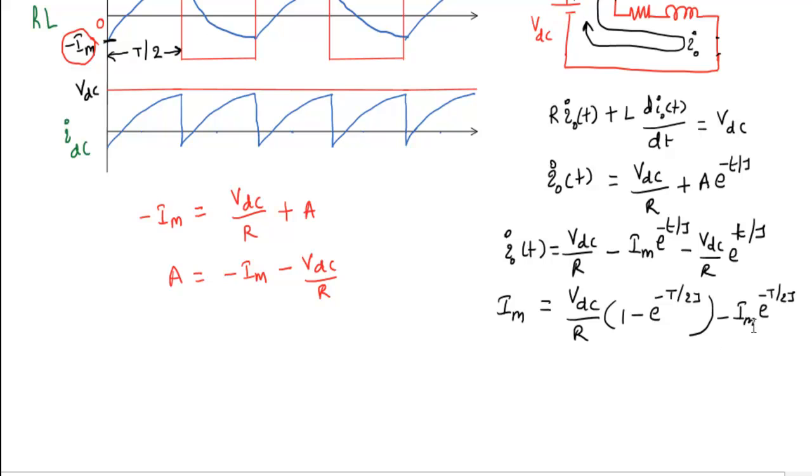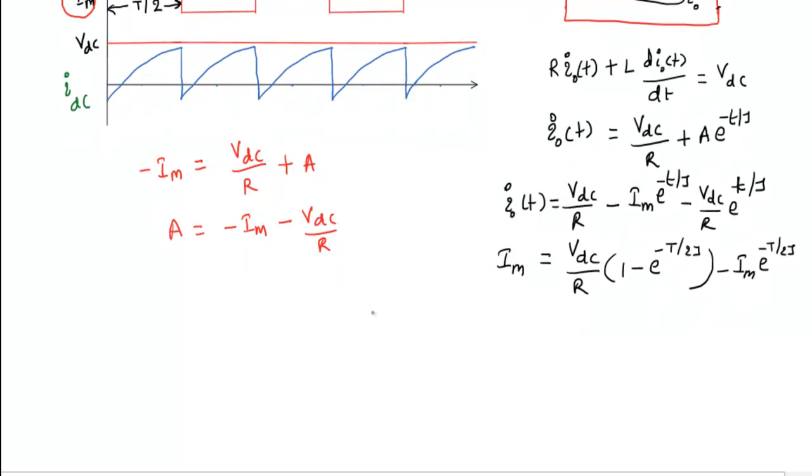Now we can take this term this side and then take common, then finally we'll get Im equal to, that means maximum load current in the inductor load, Im equal to VDC by R into 1 minus e power minus t by 2 tau by 1 plus e power minus t by 2 tau.